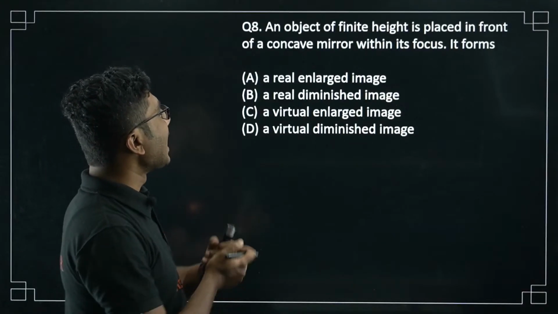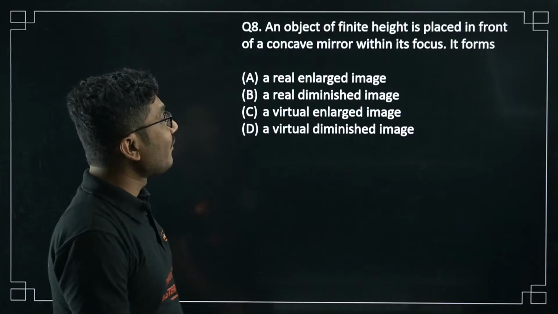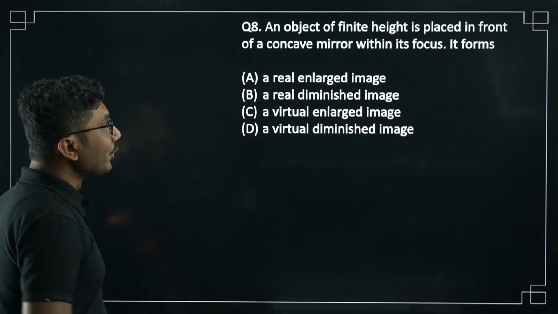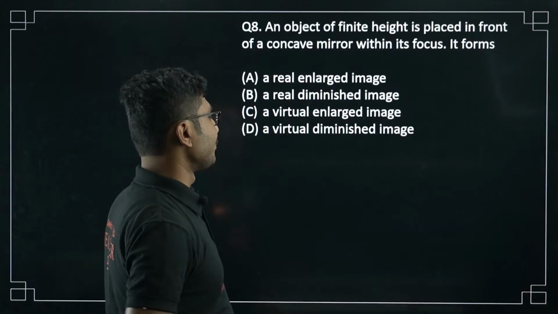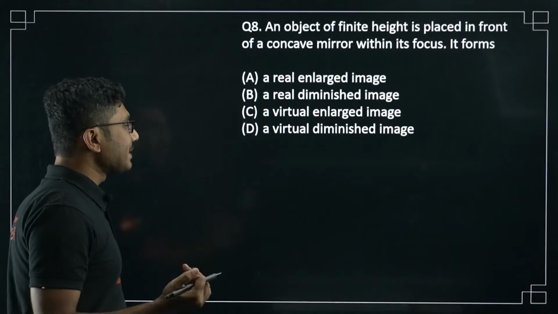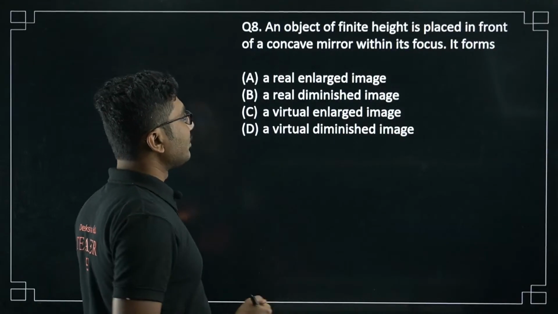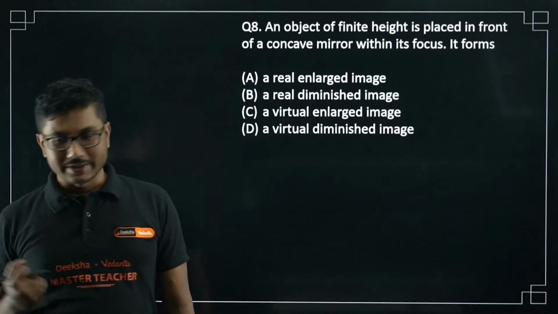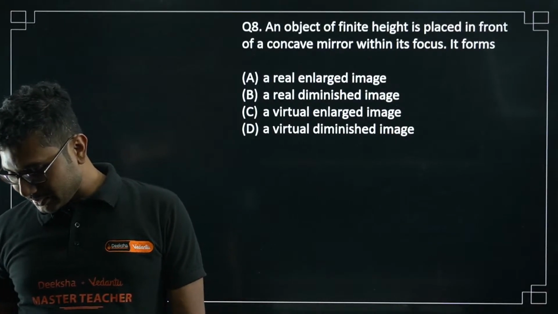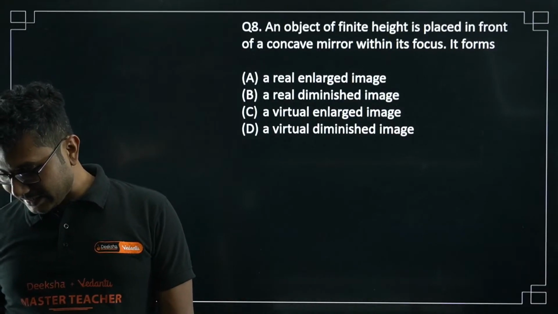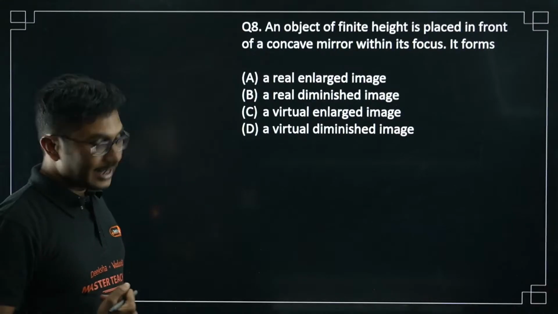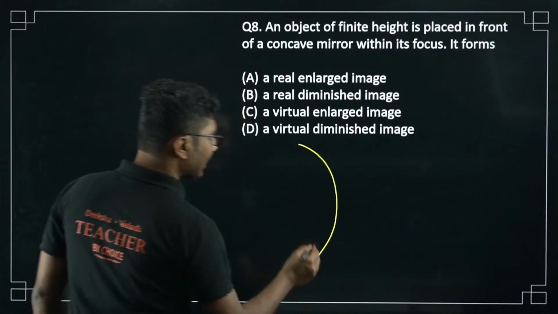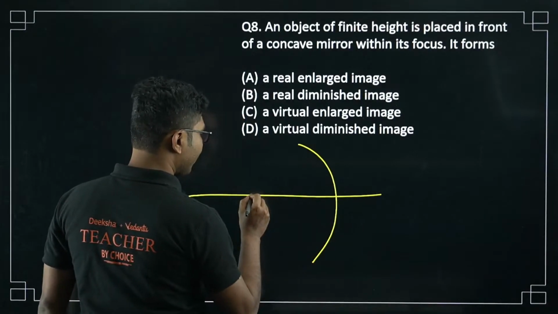Question number 8. An object of finite height is placed in front of a concave mirror within its focus. It forms a real enlarged image, a real diminished image, a virtual enlarged image, or a virtual diminished image. First you answer this question, then I will explain it. Shagupta is saying 8C, Navyashri 8C. So you have a concave mirror and this is the focal length.